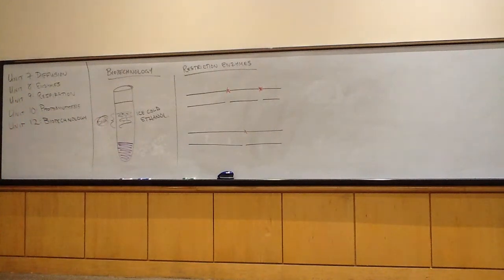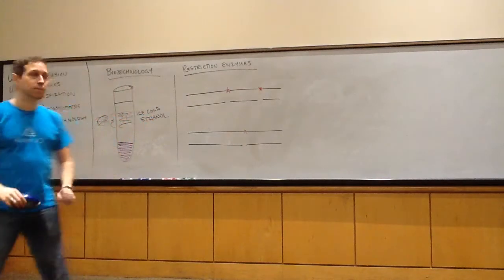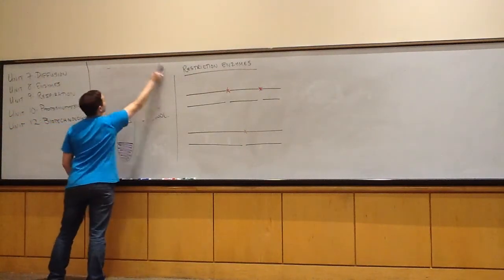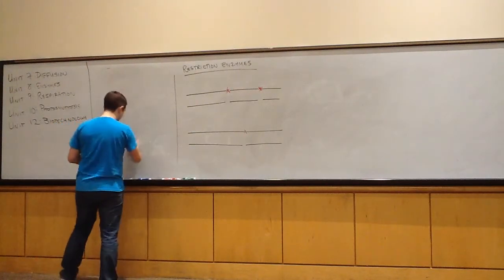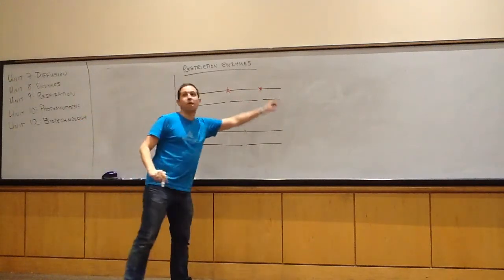Questions about that? Okay, so now that we've cut our DNA, we need to actually analyze it. To do that, we're going to perform what's known as gel electrophoresis. Gel electrophoresis is a technique that we can use to separate these different fragments.